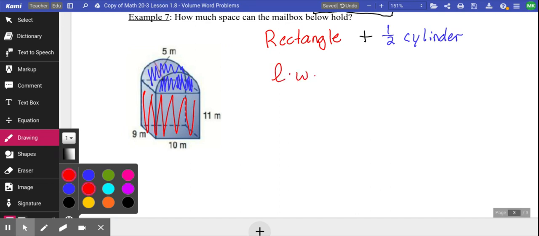Length times width times height gives me my prism. My cylinder formula is half of pi r squared h.